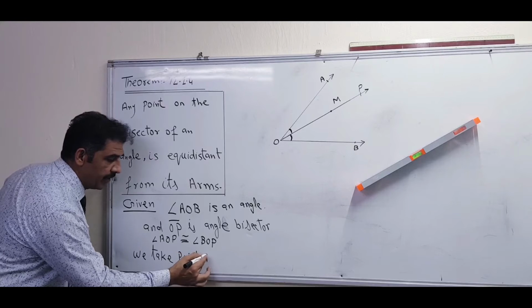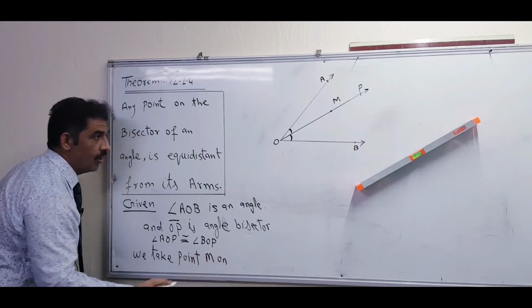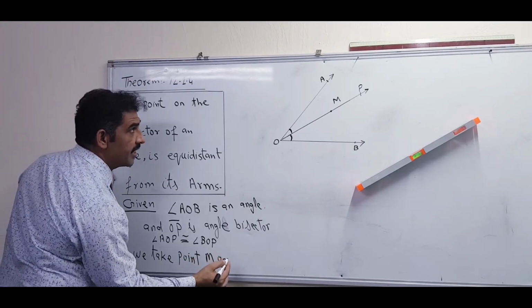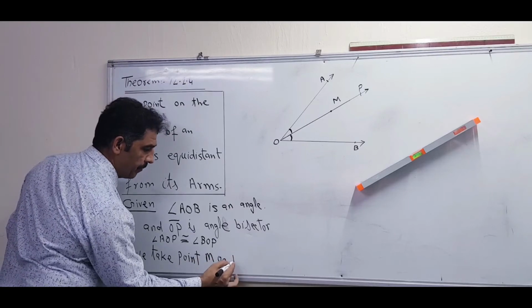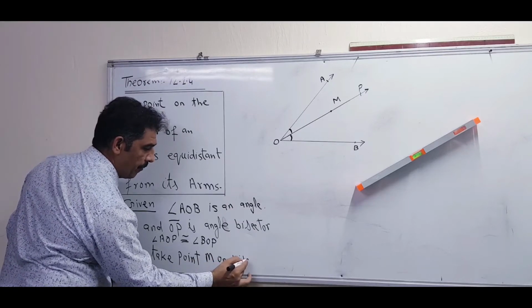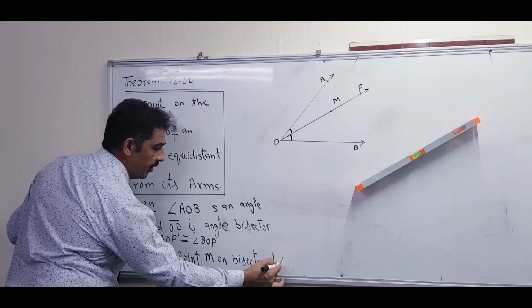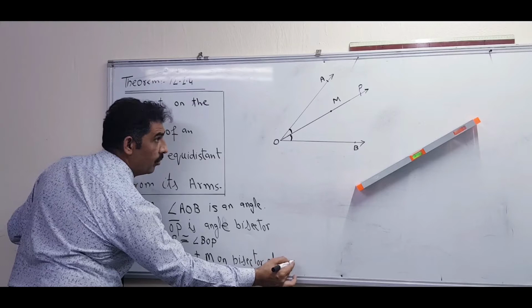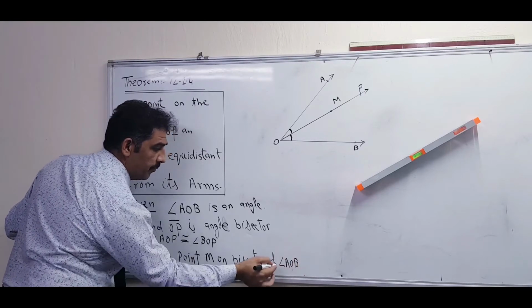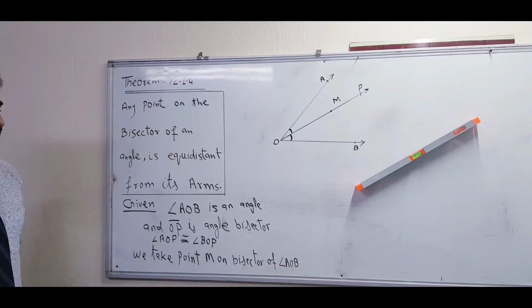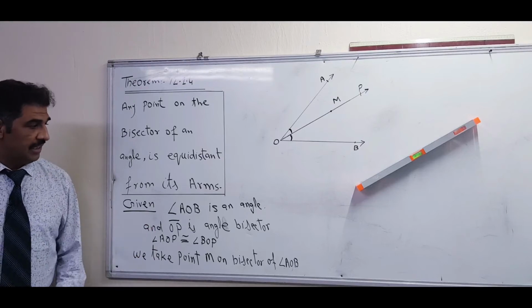Take a point M on the bisector of angle AOB. That is the angle notation. So you have to write it like that. So it's okay, nothing wrong.